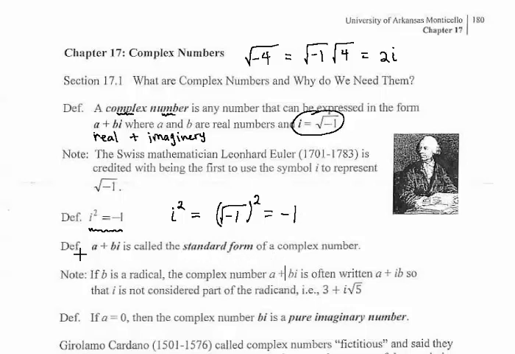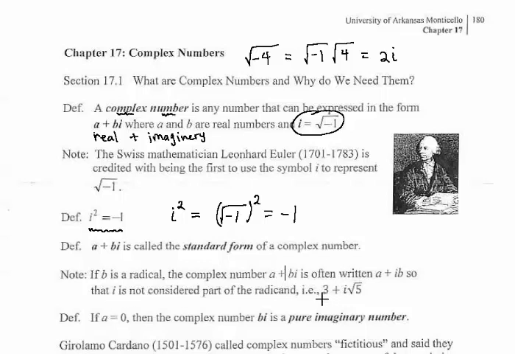So this a plus bi is the standard form of a complex number. And so from now on, whenever you have a square root or a fourth root or a sixth root and so on with a negative inside, you're going to drop the negative from inside the radical and simply write it as an i.